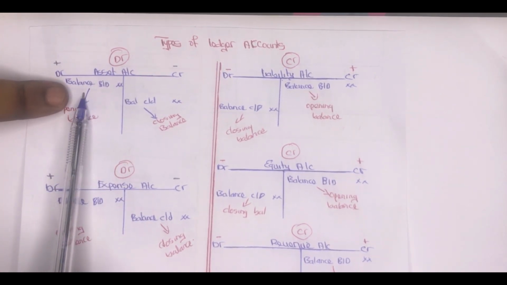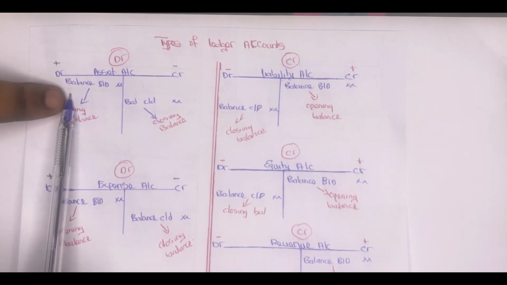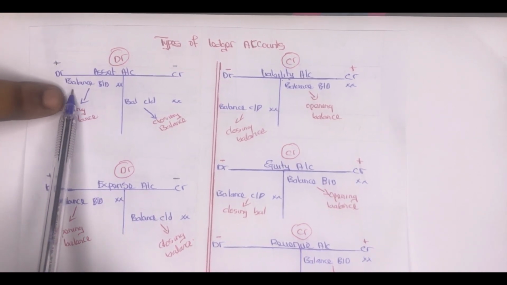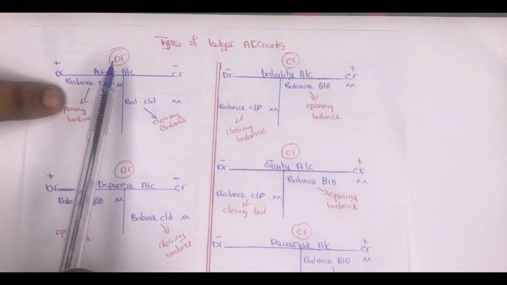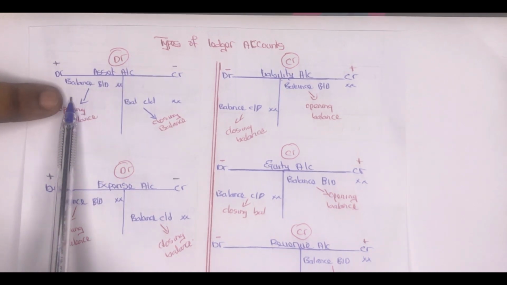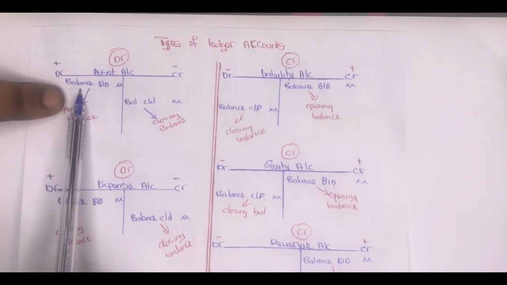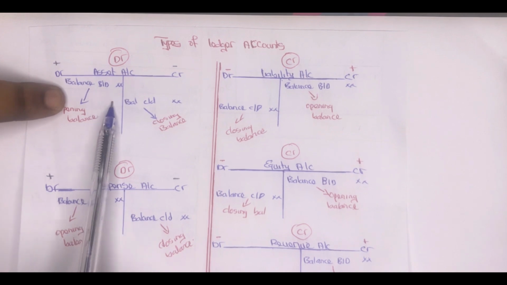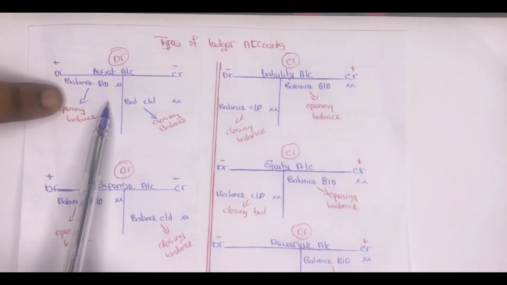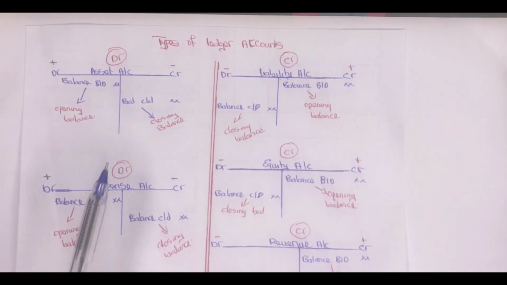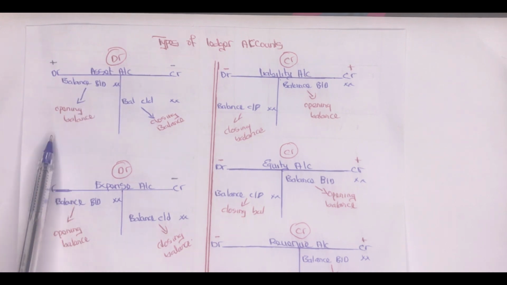And then the means of payment, maybe we bought it with cash. So we record the cash here. Furniture here and the means of payment, cash. For how much? 5,000. So we put our 5,000 here. This is the opening balance here, and this is the closing balance.